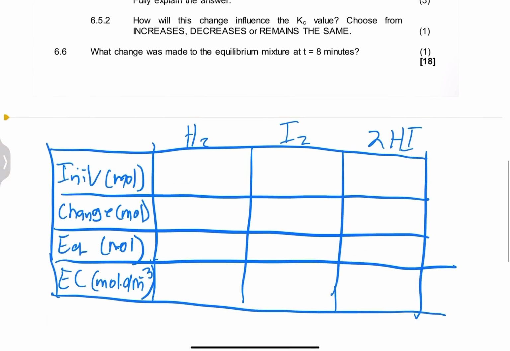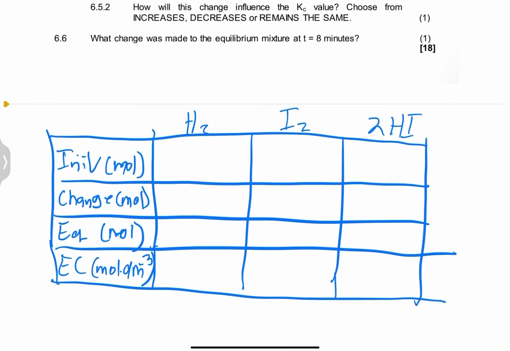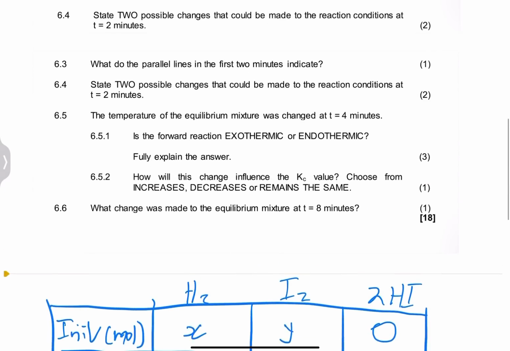So if you want to, we could say the amount of hydrogen we started with, let's call it an X amount, and the amount of iodine that we started with is a Y amount. We don't know what that amount was, but we do know that we started with nothing in terms of hydrogen iodide, right? And then we skip over to equilibrium.